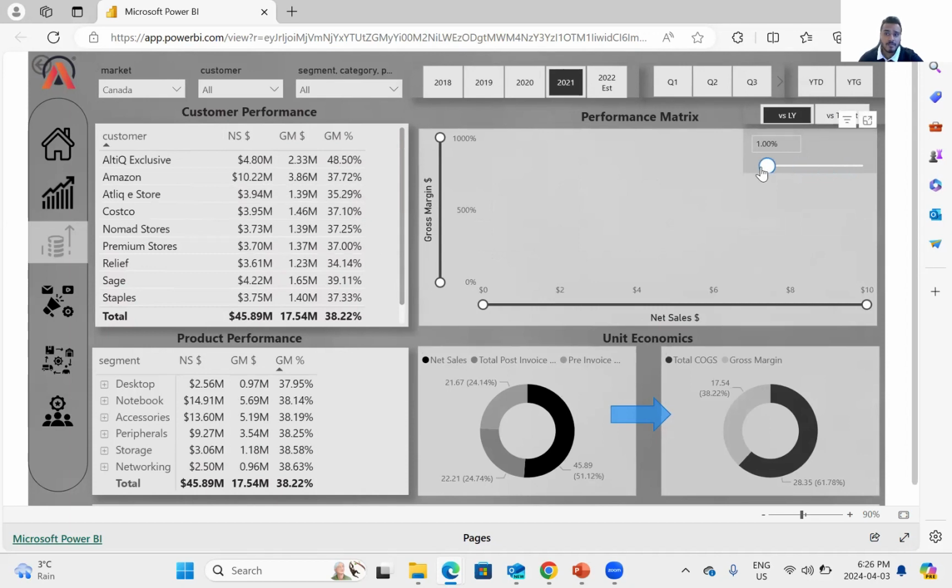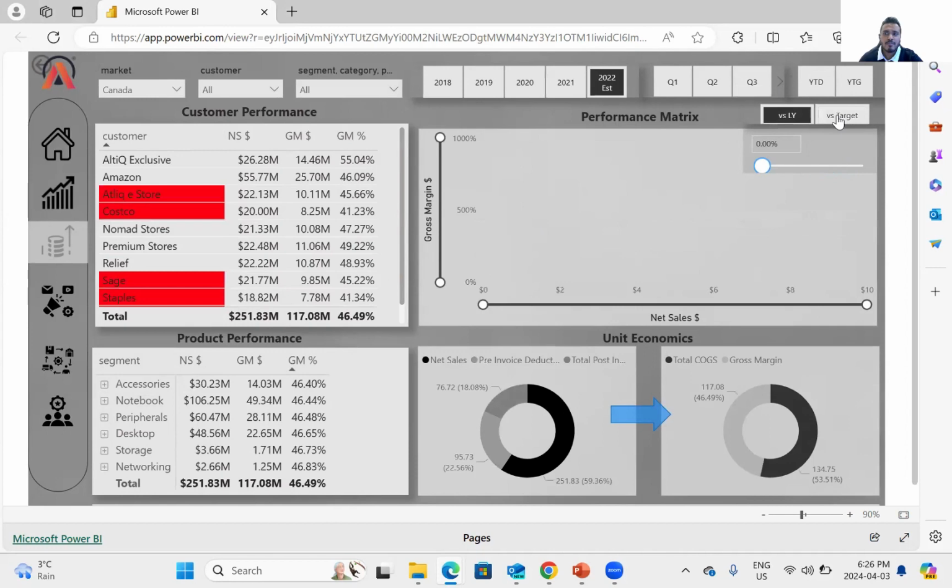It's not meeting that percentage, so it's not showing it. But if you go at a 0% indicator like that, what's the gross margin percentage they are hitting above zero percent. So you can see that these are the stores like Amazon, Relief, their net sales and their gross margin, and you can see the product performance over the target as well.